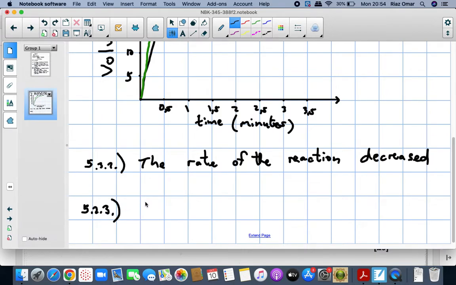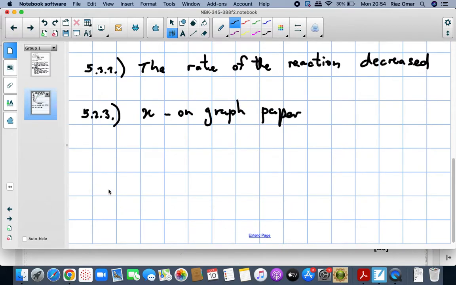So 5.2.3 will be X on the graph paper. So 5.2.4, we see that we can work out the number of moles of hydrogen. So we say number of moles of hydrogen gas produced will be actual volume over the molar volume.